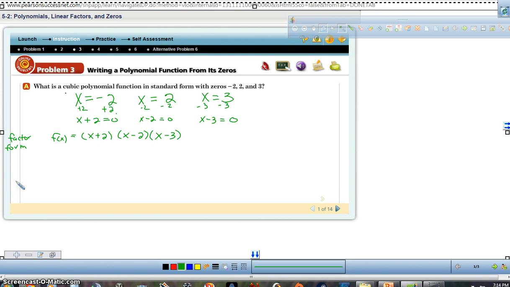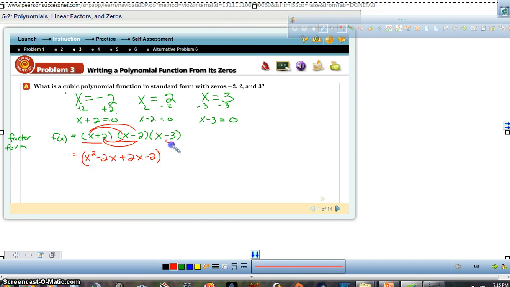You could use a box, or you can FOIL, distribute. I'm going to pick two of them to do first, the first two together. So x times x, x times -2, 2 times x, and then 2 times -2.